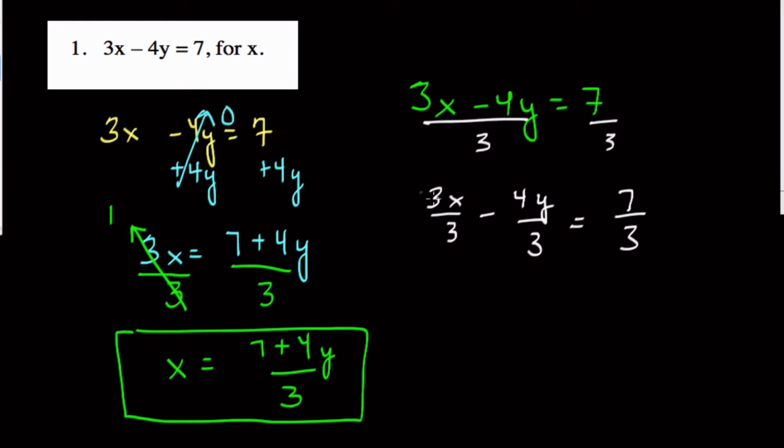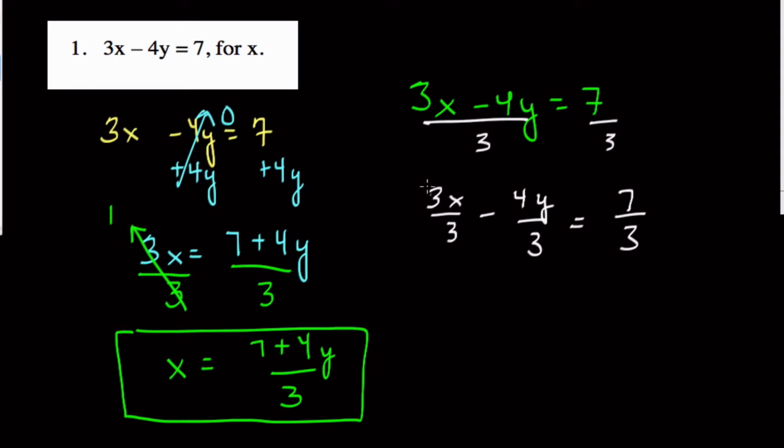So you can, this thing here, 3x over 3 minus 4y over 3 is exactly the same as 3x minus 4y over 3. Remember, when you're subtracting fractions, as long as they have a common denominator, you can just subtract the numerator and put it all over the same denominator. So these are the same.